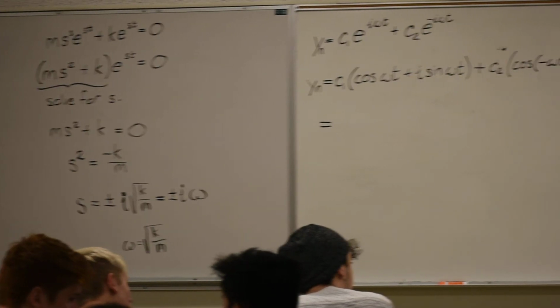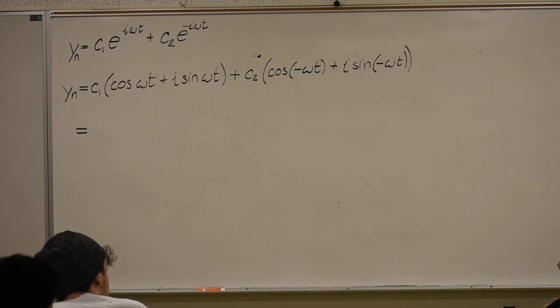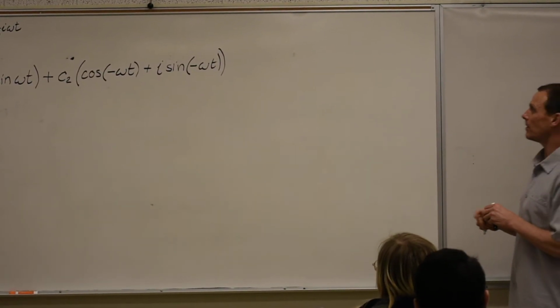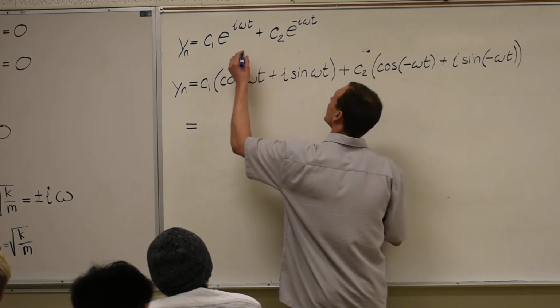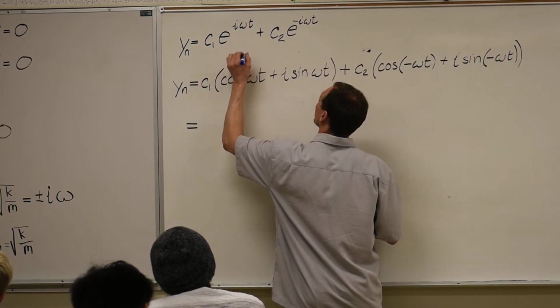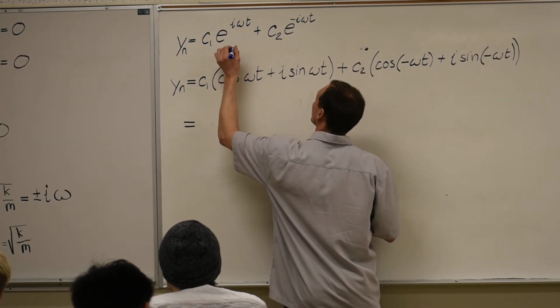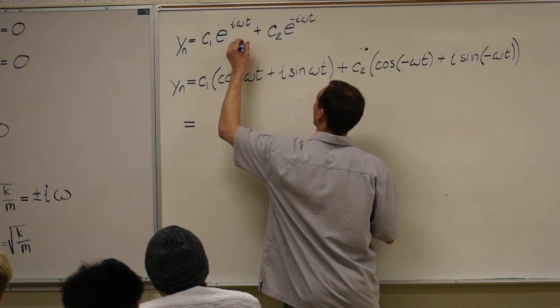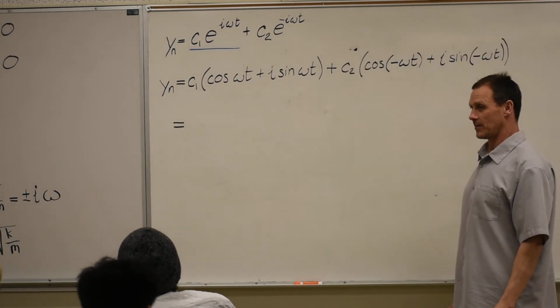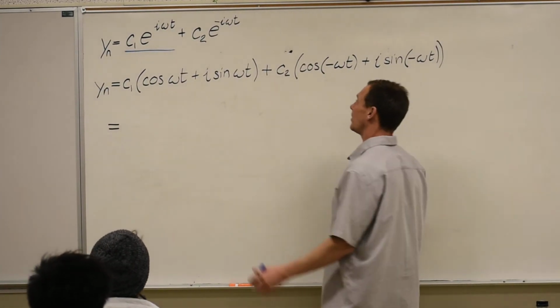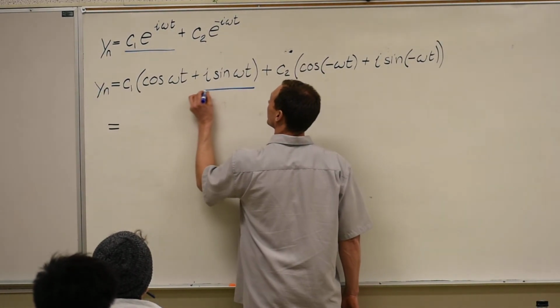Maybe an example would work. Watch. So let's just say for a moment, the only solution I had was this. Yeah, let's just say I only had one answer. That. Okay. So then this would be my solution right there.